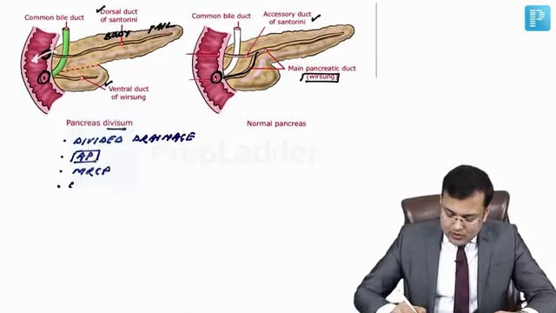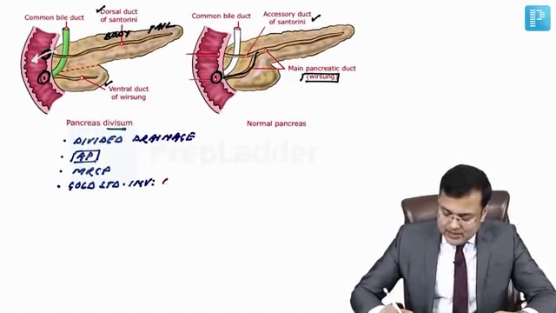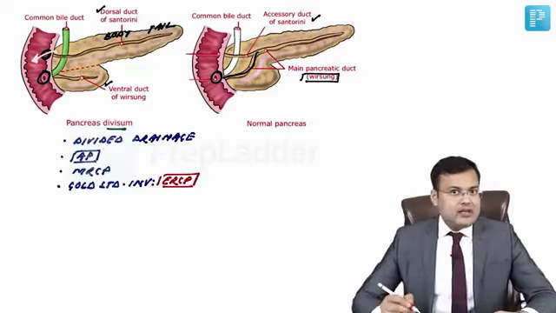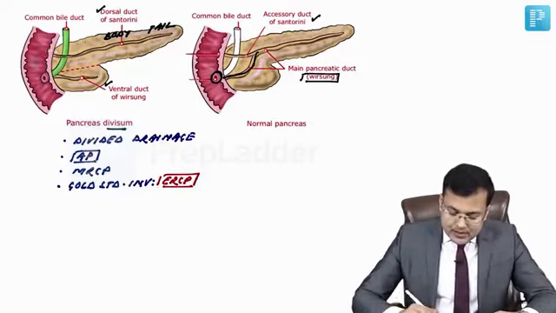And what is the gold standard investigation? The gold standard investigation is ERCP. Why? Because we can perform sphincterotomy with ERCP. What are the treatment options? Here you can see this is the dorsal duct.